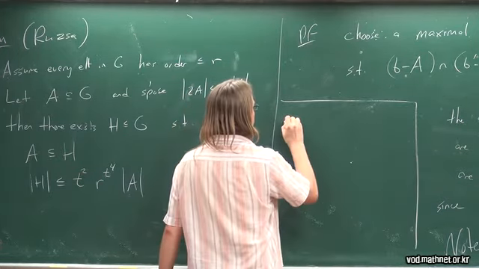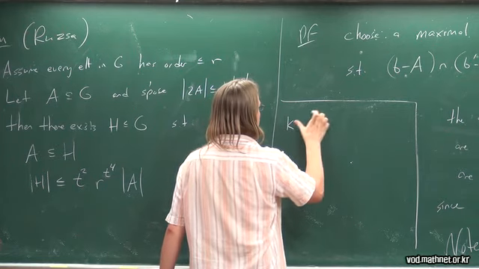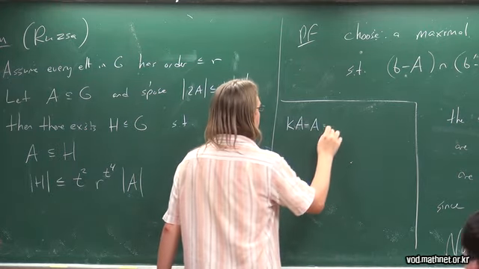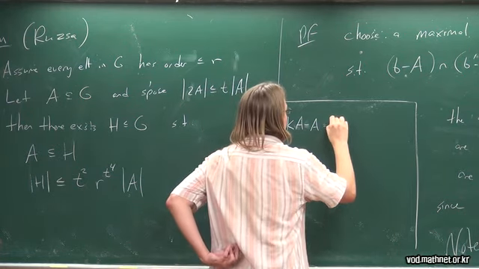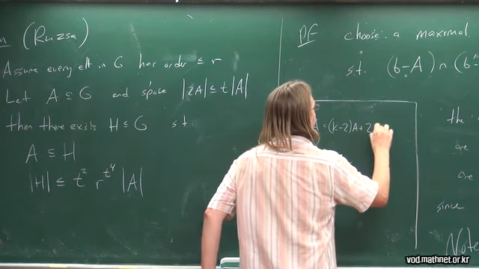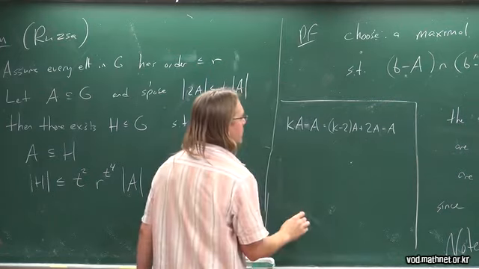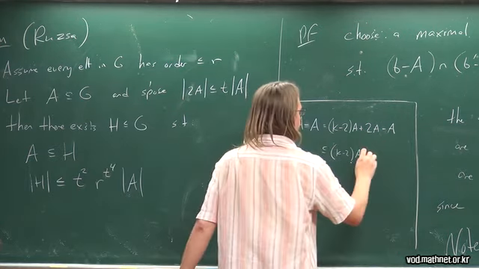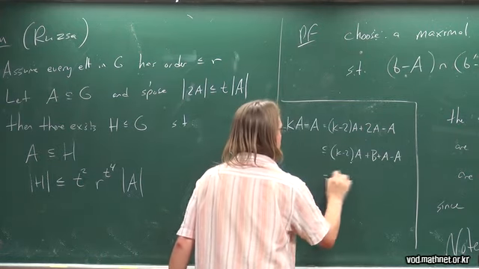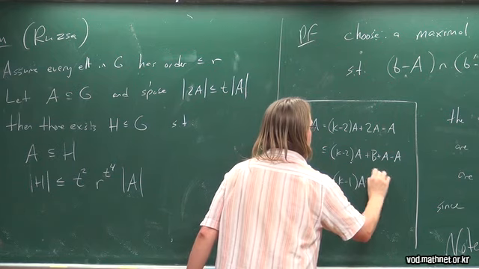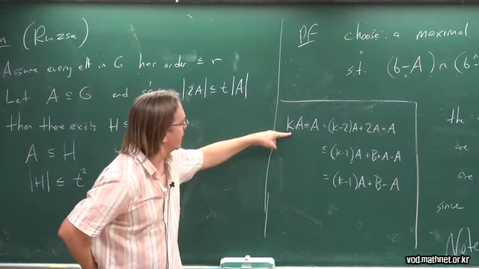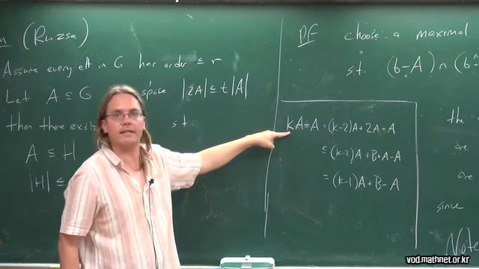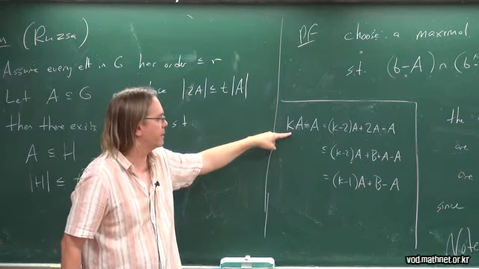If you take something like K times A minus A, this is equal to K minus 2 A plus 2A minus A, which is a subset of K minus 2 times A plus B minus A, and I know that 2A minus A is a subset of B plus A minus A. So what's happening here is K times A minus A is a subset of K minus 1 times A plus B minus A. So if I have a term that looks like this, so long as K is at least 2, I can replace one of those A's by a B. And I can just keep going, right?